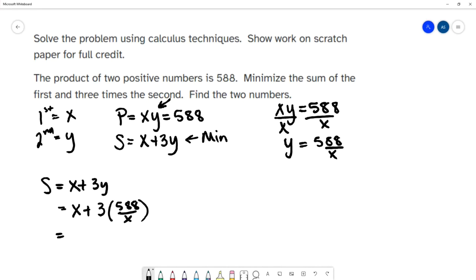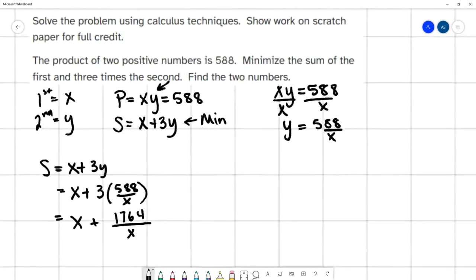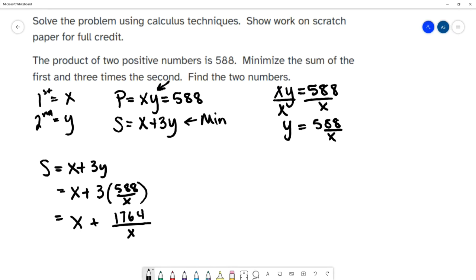And now my equation only has one variable. So let's work out what 3 times 588 is. That is 1,764. So now we have a function with only one variable in it, and we can do the calculus on it.